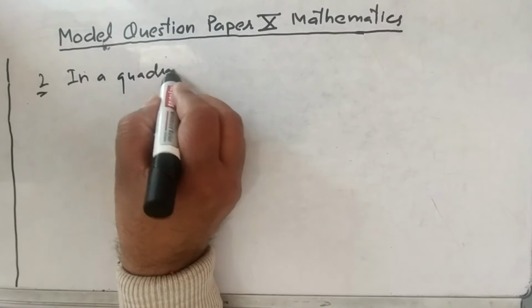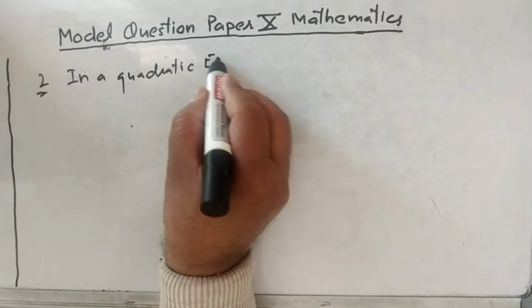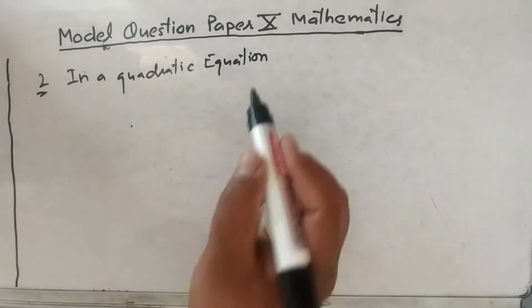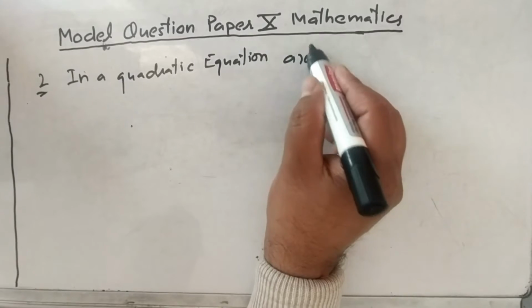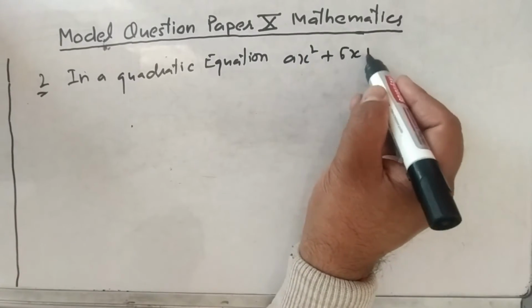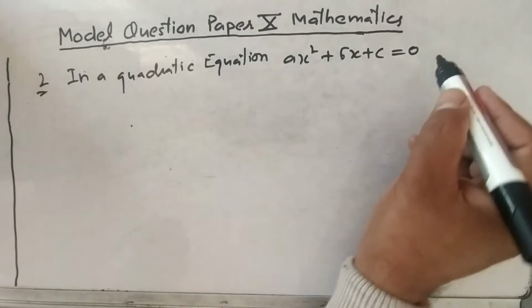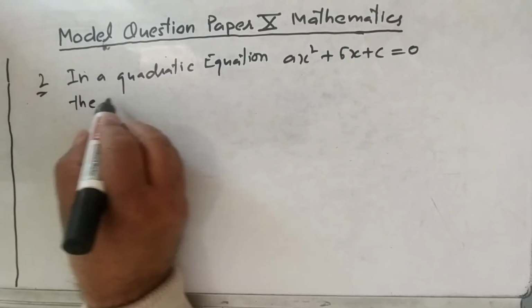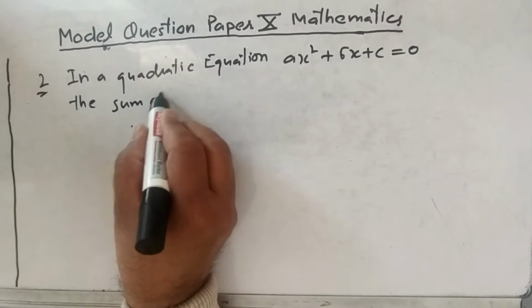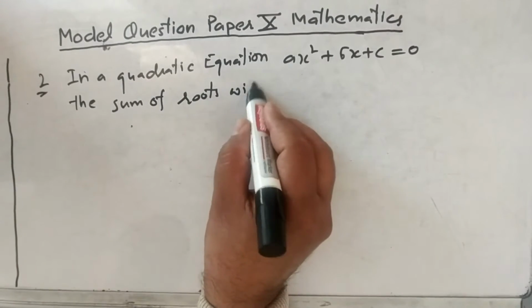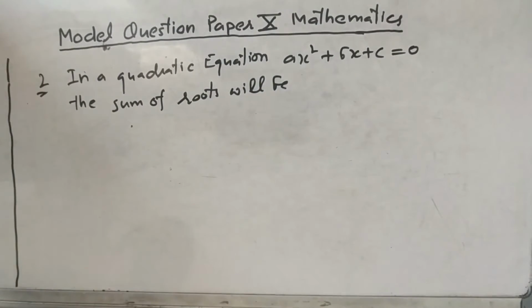In a quadratic equation, you have here ax square plus bx plus c equal to 0. The sum of the roots will be, this is the question.